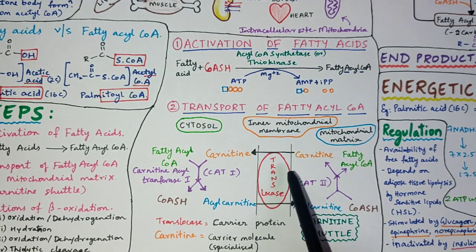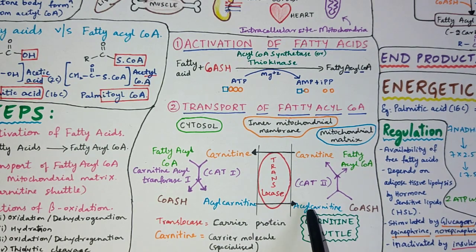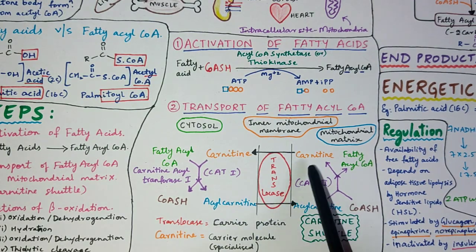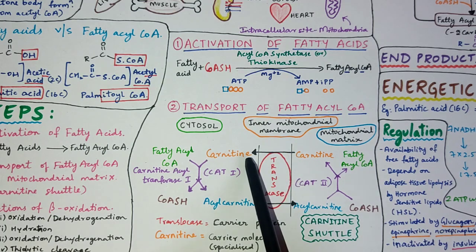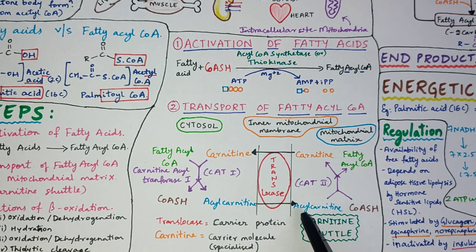Now with the help of the carrier protein translocase, this transport occurs. Acyl carnitine enters the mitochondrial matrix, and at the same time carnitine exits from the mitochondrial matrix. There is an exchange happening here. Carnitine is a specified carrier molecule. Now at the mitochondrial matrix, we have acyl carnitine.